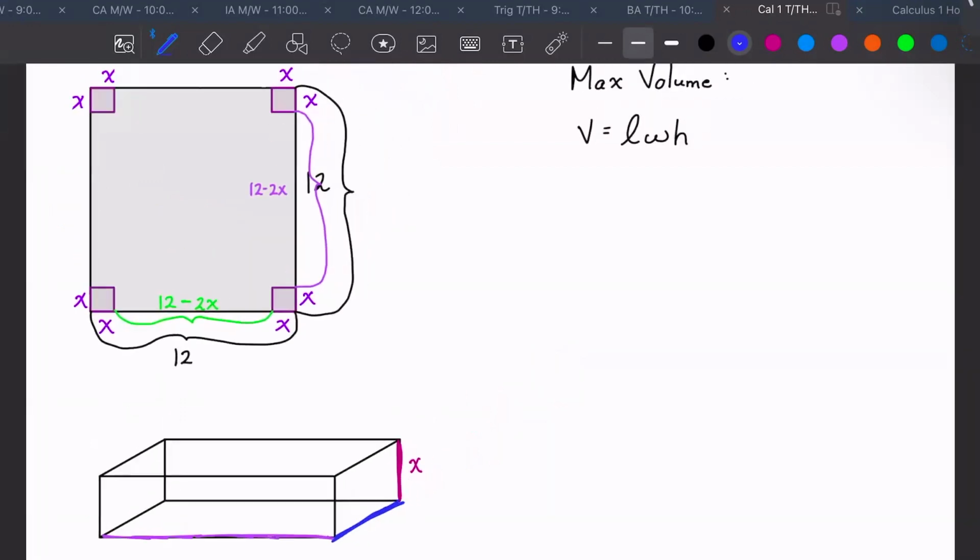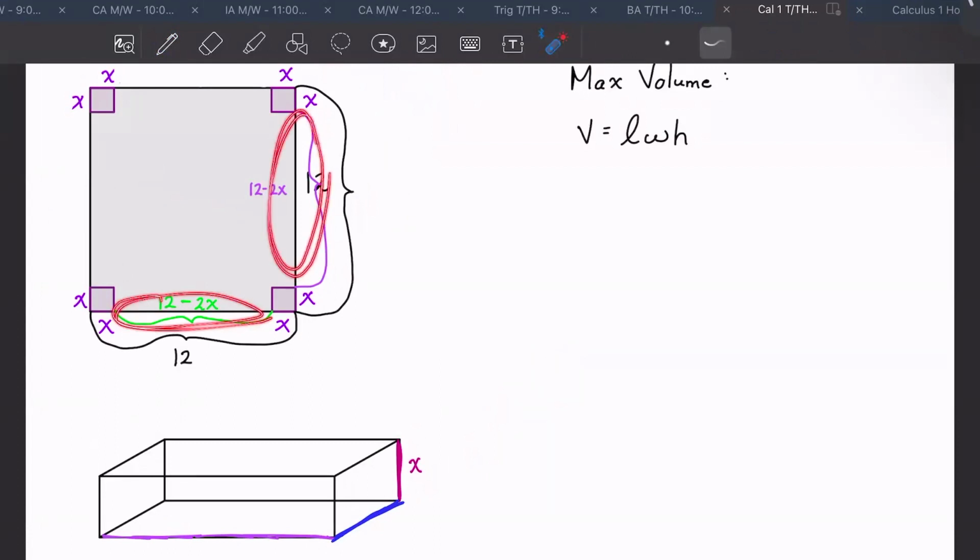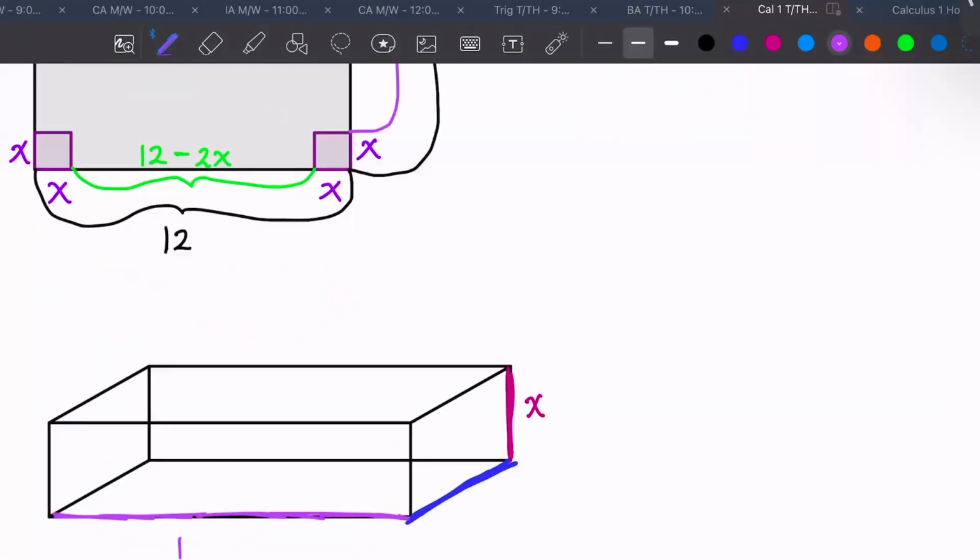This piece is 12 minus 2x, and so is this piece. So it's 12. I'm going to use my colors. And this side is 12 minus 2x.